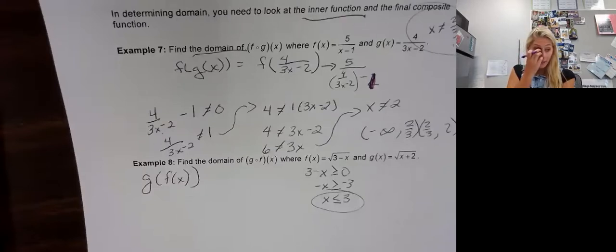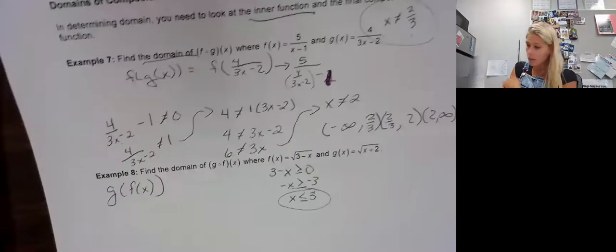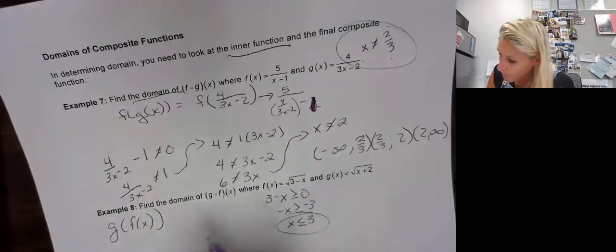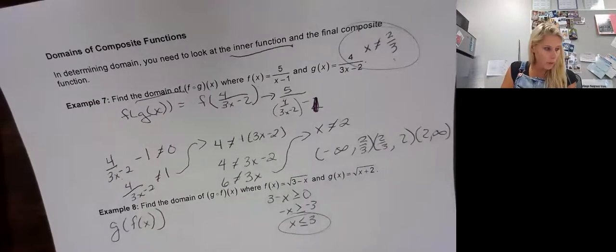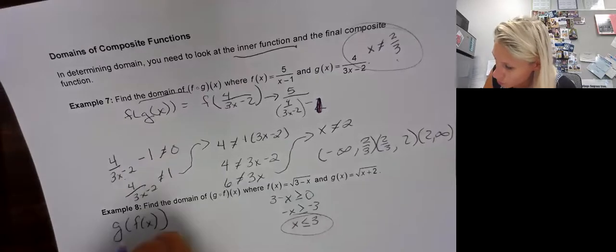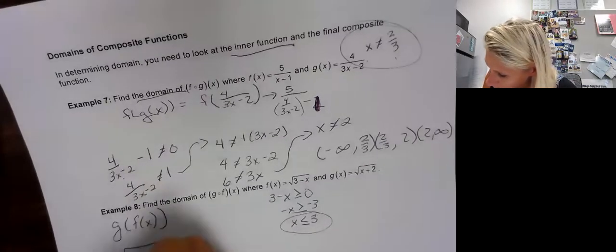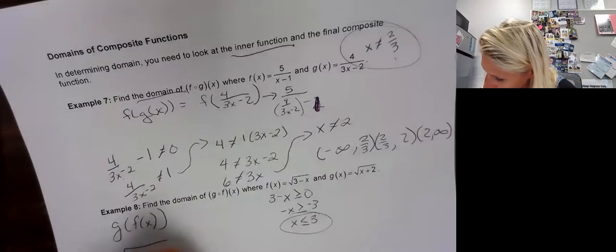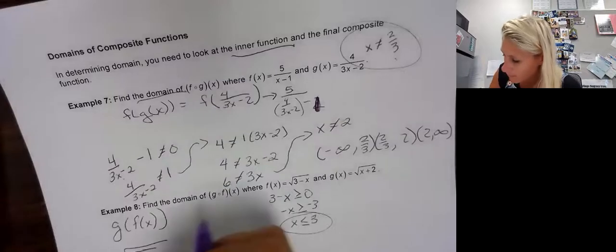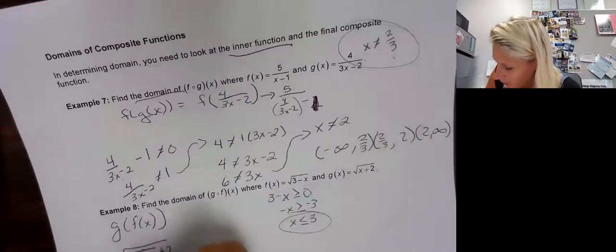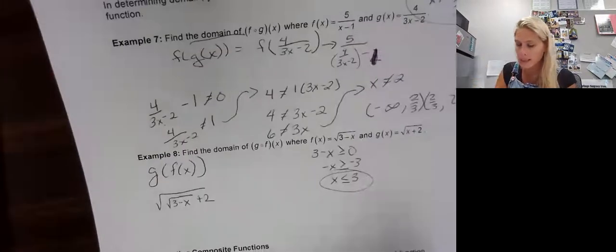But next, let's actually put in our f of x, okay? What you want to keep in mind here is the square root. Now instead of x, we're going to put in the f of x, which is 3 minus the square root of 3 minus x, and then plus 2. I just skipped a step right there.